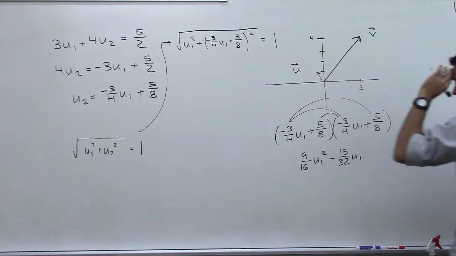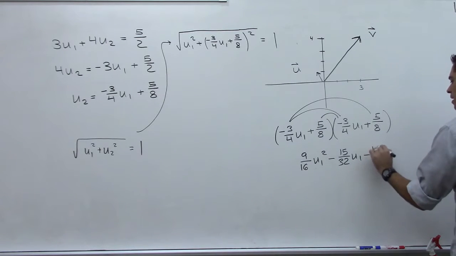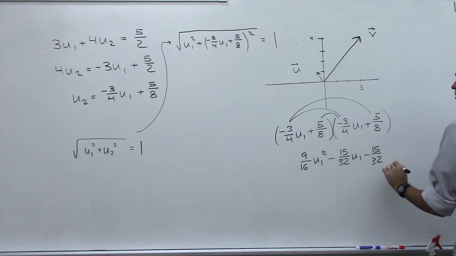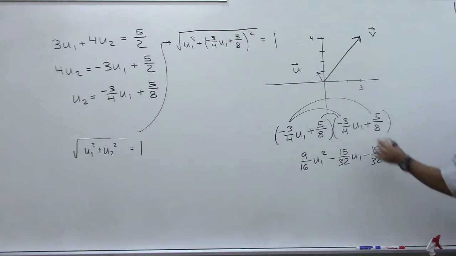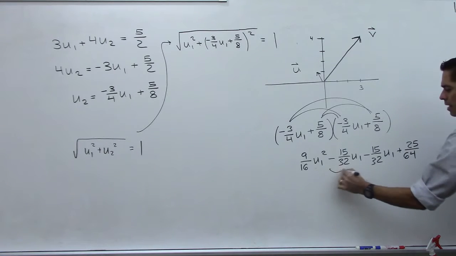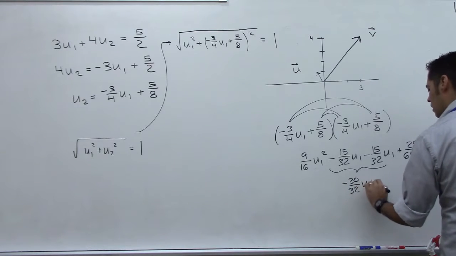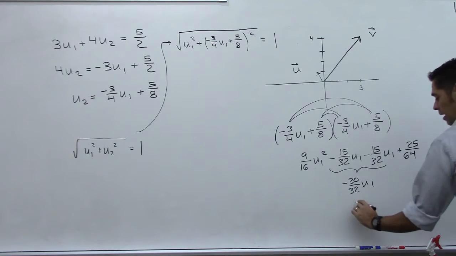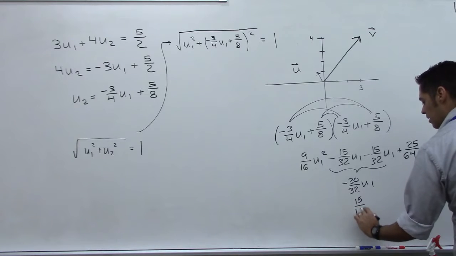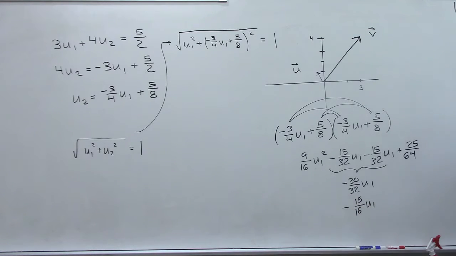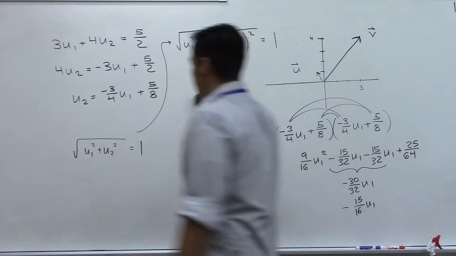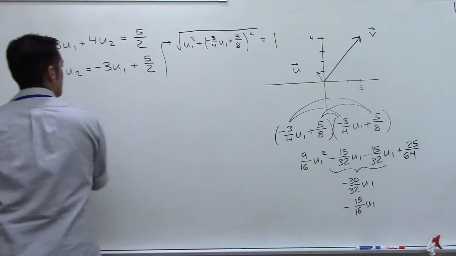And when I do the middle one, I get the same exact thing, negative 15 over 32 u1. And then the last multiplication gives plus 25 over 64. Then I can put these two together. That's negative 30 over 32 u1, which reduces to negative 15/16 u1. Okay, so coming back there, I think I can erase this now.